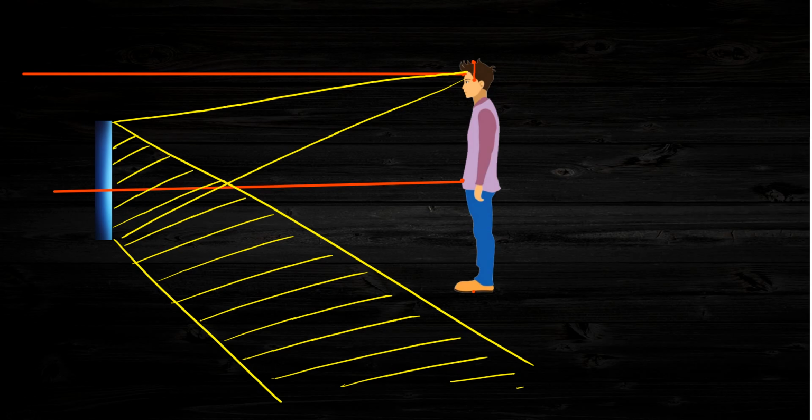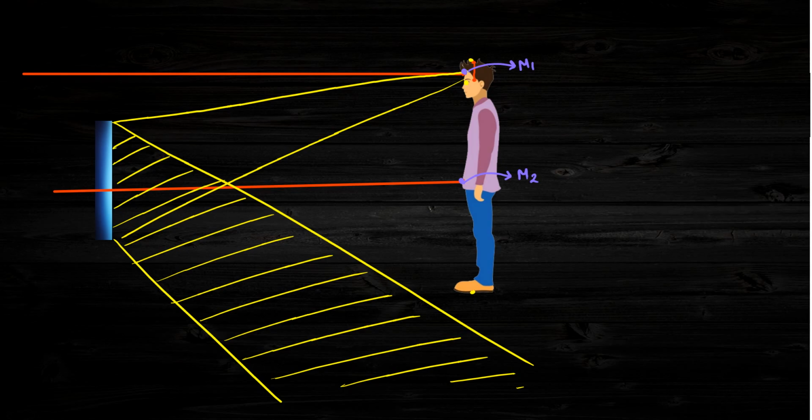These two red lines, let me remind you, are drawn from the midpoint of the line joining the eye to the topmost point and the midpoint of the line joining the eye to the bottommost point. So these two points are essentially the middle points. Let us say this point is M1 and this point is M2. So if the mirror is located between these two red line segments only, the observer will be able to see himself completely, no matter how close or far away the mirror is with respect to the observer.